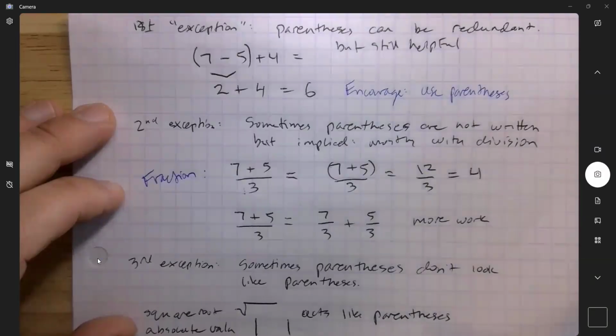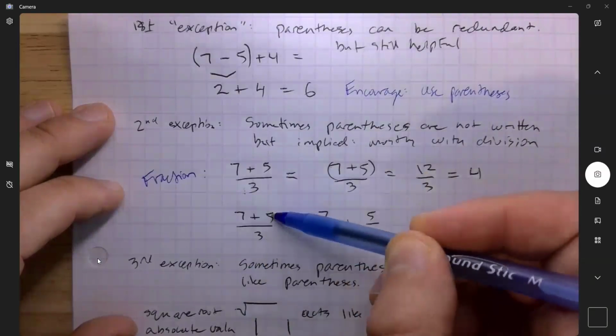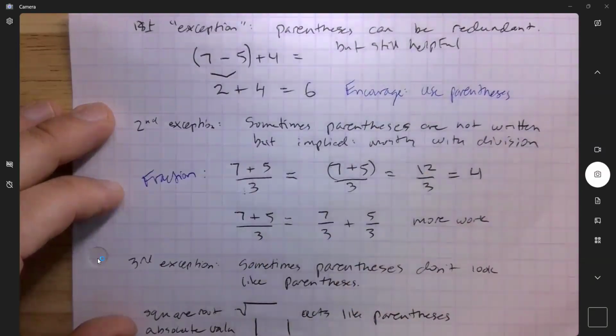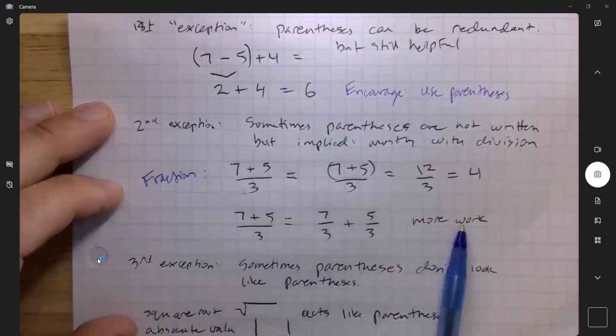It does work if you do it the other way, but you have to be really careful. If all you do is divide 7 by 3 and you ignore the 5, you're not following the right mathematical operations. So if you're going to do the division first, you have to divide each of those terms by 3, and you get 7/3 plus 5/3, which we can do, but that's more work.